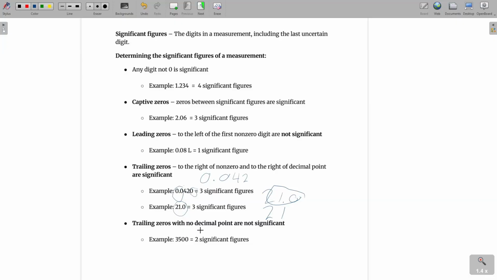And then trailing zeros with no decimal point aren't significant. Here, there is no decimal point. Now, with that said, you can get in trouble here, and when we get into the practice problems, you might be given a question like, write 3,500 in two significant figures.